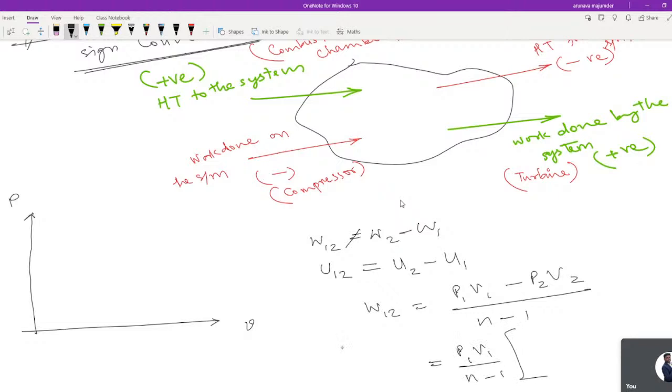If it is new to you, you can note it down: n minus 1 by n. Just consider this is point 1 and this is point 2. So remember this graph.